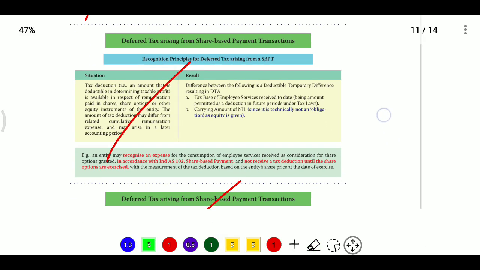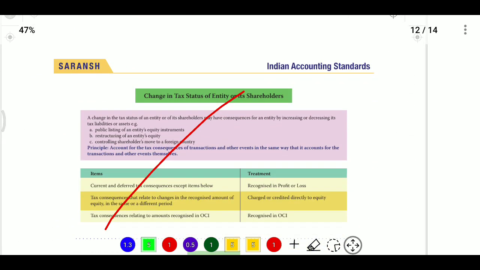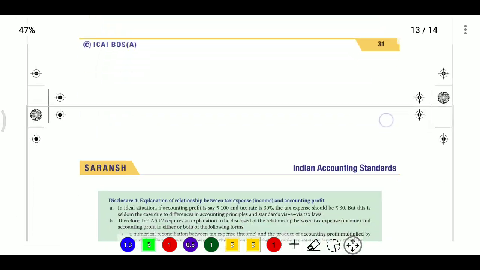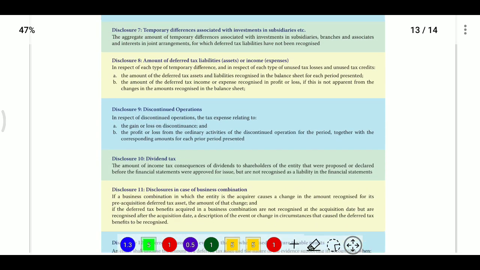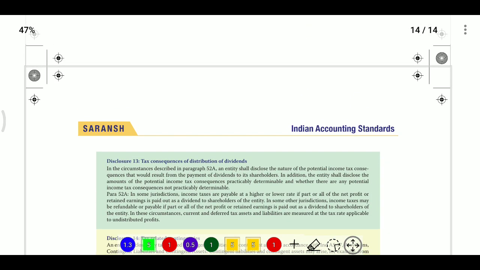That is the main case for Ind AS 102. Change in status disclosure, so we need to disclose these items. This relates to Ind AS 12: if we disclose temporary differences, we need to disclose these items, whatever items we have done.